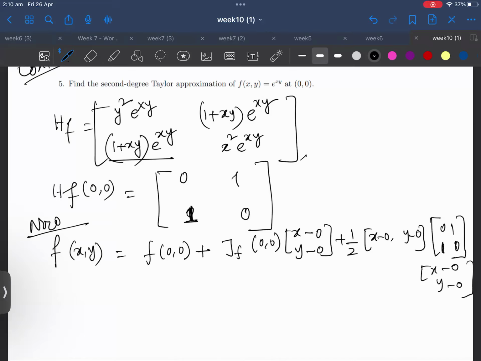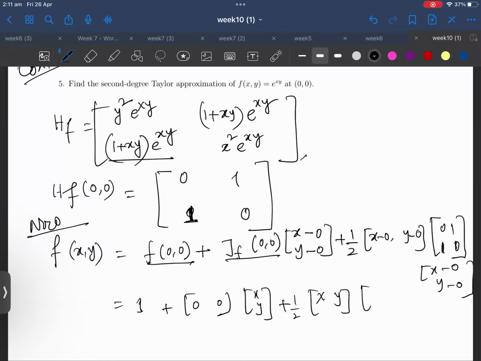This is the approximation. We know this one is 1 plus 0, and this is a vector. So we have x and y. That's 1 over 2, x and y, times the Hessian matrix, times x and y.